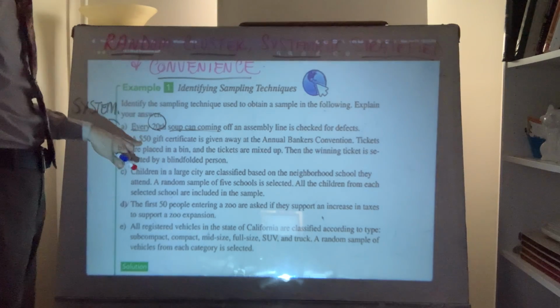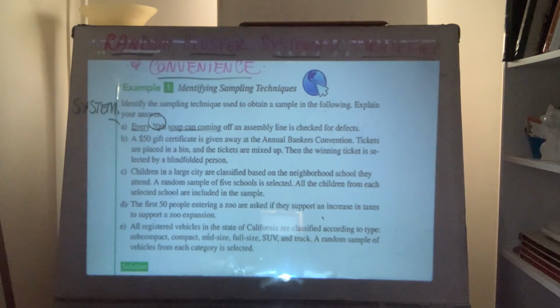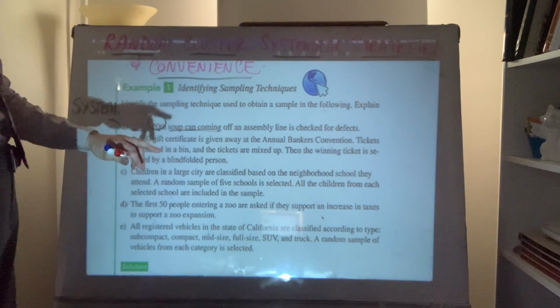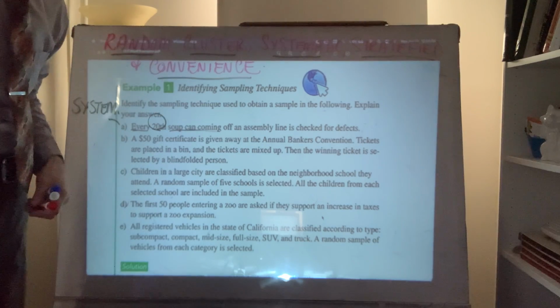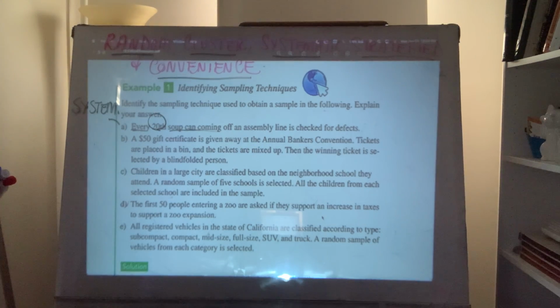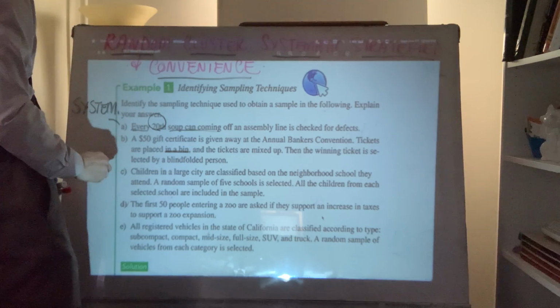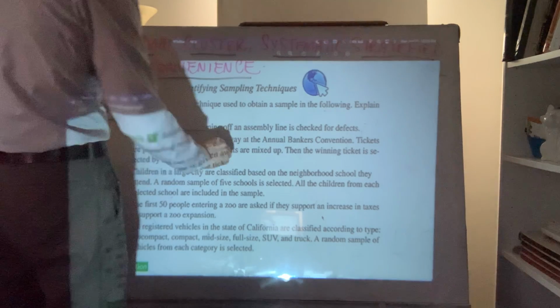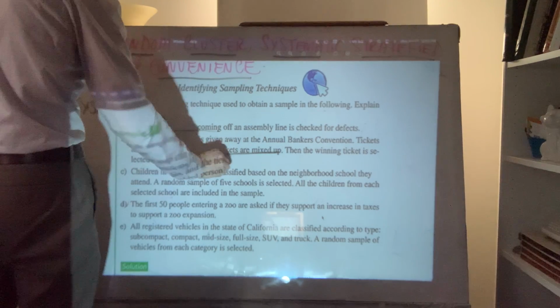B. A $50 gift certificate is given away at the annual bankers convention. Tickets are placed in a bin, and the tickets are mixed up. Then the winning ticket is selected by a blindfolded person. A couple of things here: they're placed in a bin, the tickets are mixed up, and then they're selected by a blindfolded person.